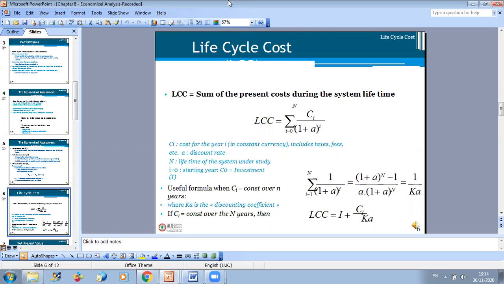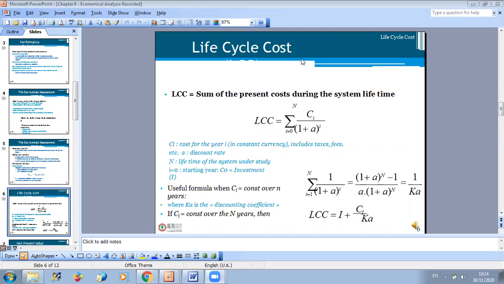Now I'll give a numerical example. When you calculate the life cycle cost, you should calculate it with respect to one reference. So let's say we invested a certain amount of money for year 0.